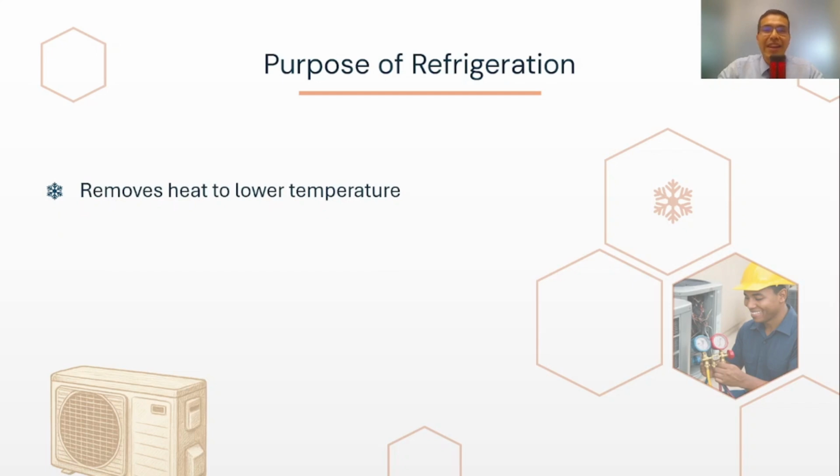Whether from air, water, or stored items, this cooling effect is the foundation of the entire process. It has widespread applications in food preservation, climate control, and industrial processes, from keeping milk fresh to enabling air conditioning, to supporting pharmaceutical production. Refrigeration is everywhere.